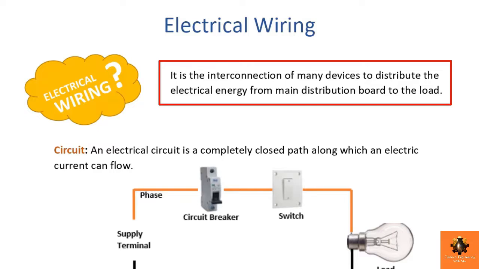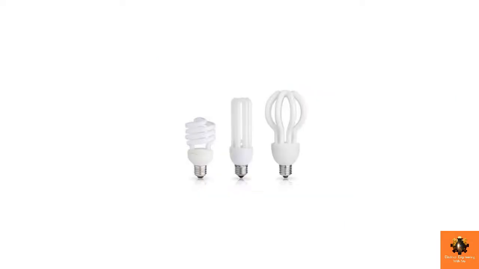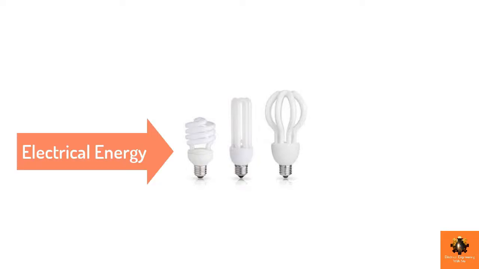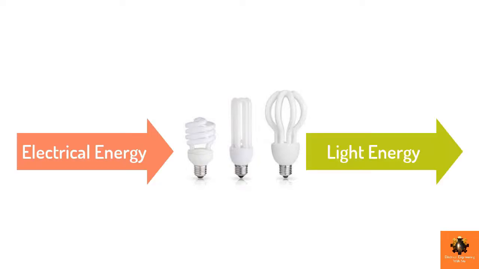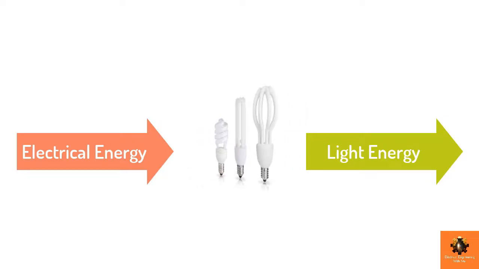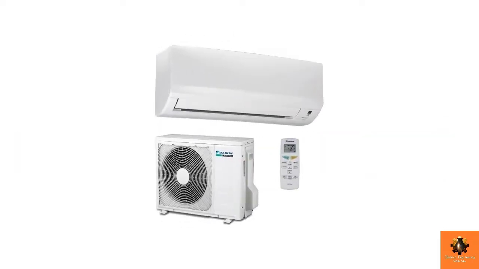The main purpose of transmitting electrical energy is to let different types of load utilize it to perform our desired function. For example, a fluorescent lamp is used to convert electrical energy into light energy. Similarly, we have air conditioning systems.